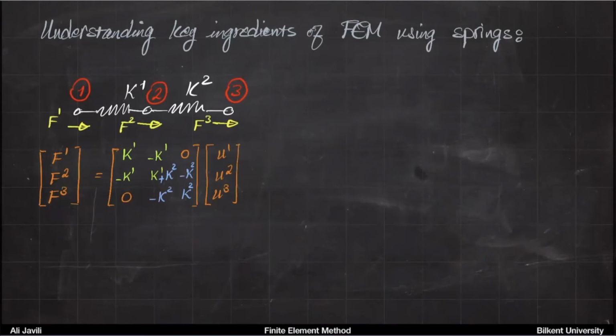If you remember, F2 must be 0 for this spring combination to count as a spring combination in series, right? So we haven't imposed that constraint yet. We haven't yet imposed that F2 must be 0. And that's what you need to do now.